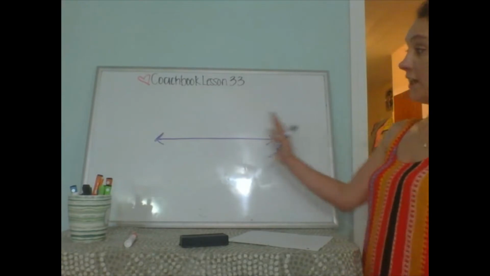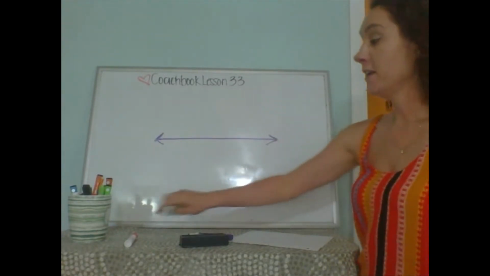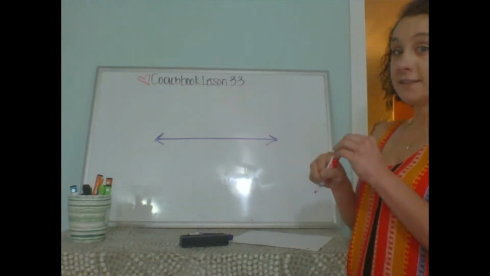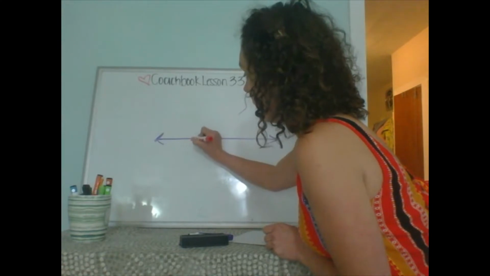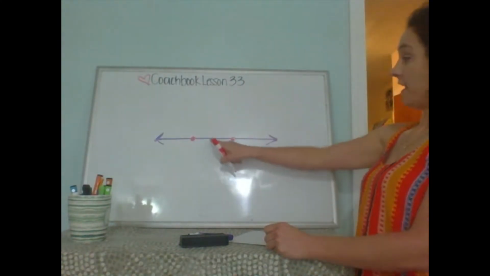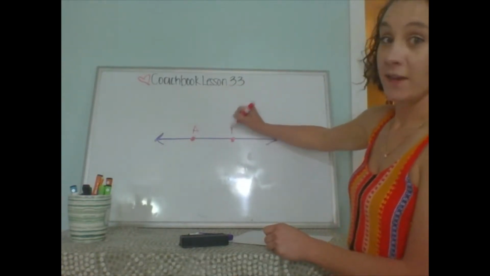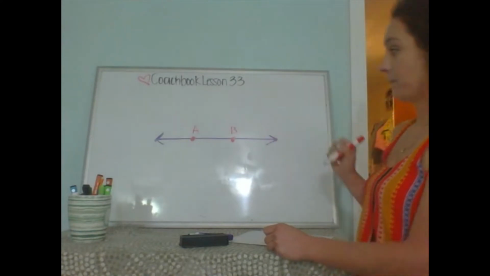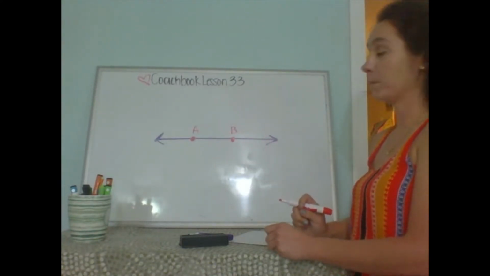So that is just a line that is going to go on forever both ways. But then, the line is made up of an indefinite amount of points. Let's say I do a point here and a point here, and I name this point A, and then I'm going to name this one point B. Okay, and those are just 2 points on my line.